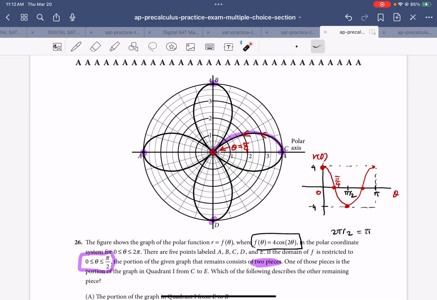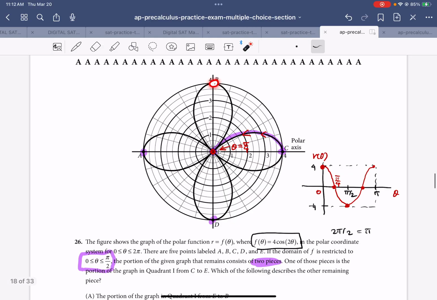If r were a positive 4 at pi over 2, it would go this way, but it's a negative value, your r. So instead of going this way, you're going this way. At pi over 2, your r is negative 4, so it should go to the other side. So let me expand it: it goes this way, and here theta is pi over 2, and it moves this way.